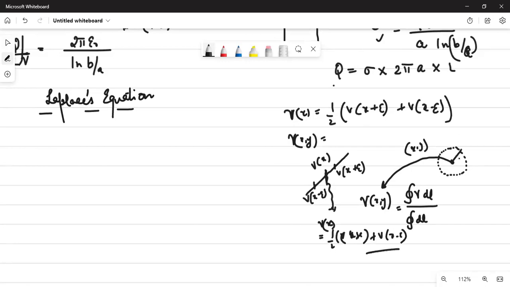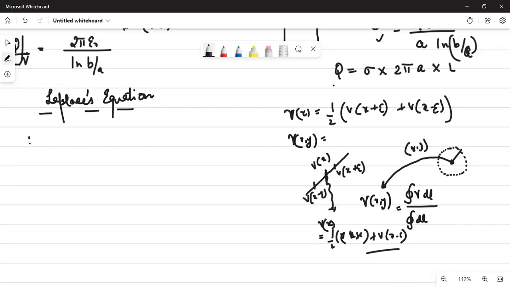Analogously, in two dimensions, we've written that the potential at x comma y would be equal to the average value of the potential around the point. All we have done is make a circle and find the average value over the circumference divided by the circumference. This will give us the average value of the potential.